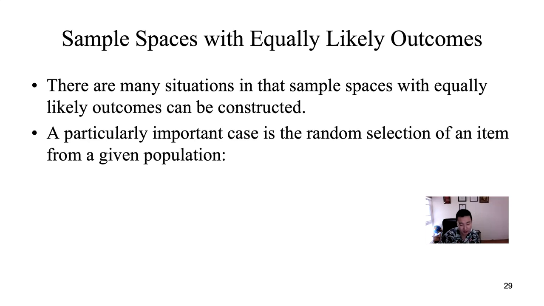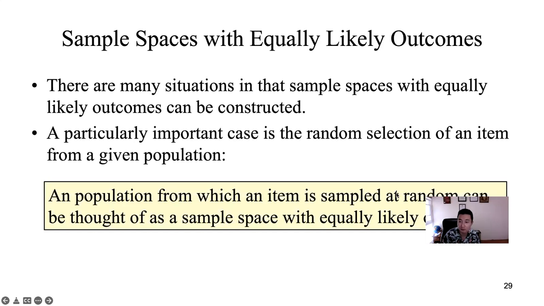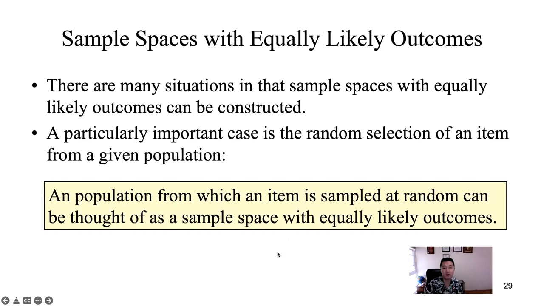A particularly important case is the random selection of an item from a given population. A population from which an item is sampled at random can be thought of as a sample space with equally likely outcomes, such as a lottery, or tossing a coin or a die.